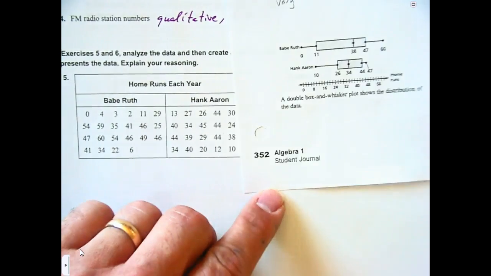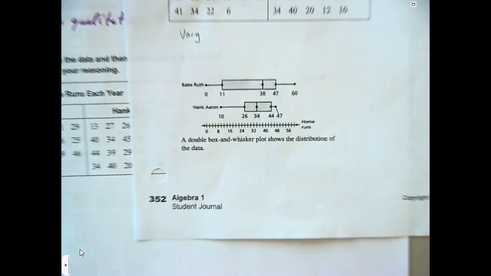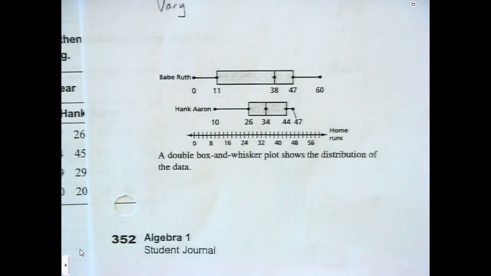That's what I would have chosen. It allows you to see who had the highest number, where the greater range was, how the data was clumped over the course of time, and draw some conclusions about who was the better home run hitter over the course of time.